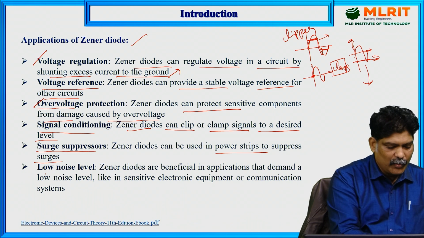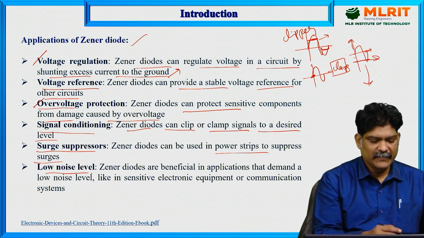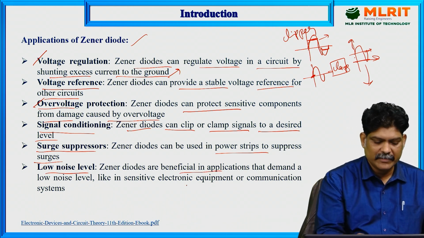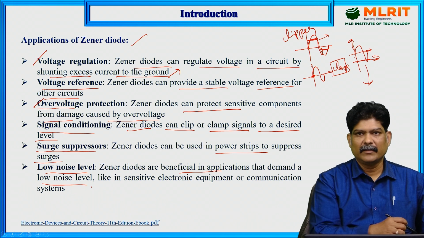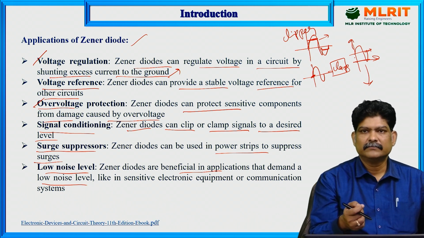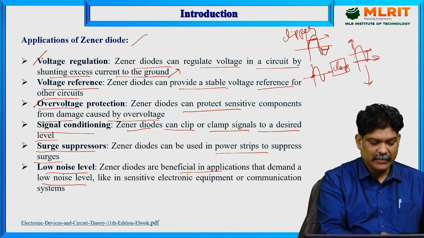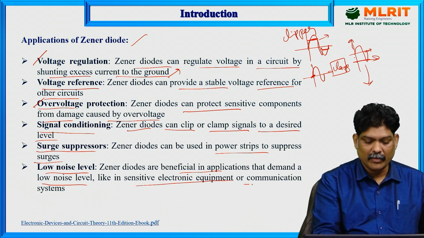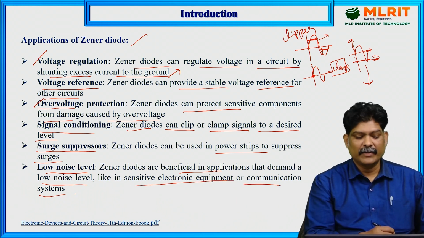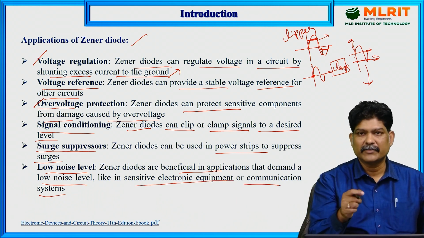And then low noise levels. Zener diodes are beneficial in applications that demand a low noise level, because a Zener diode generates very little noise compared to other components, as in sensitive electronic equipment or communication systems. In communication systems, noise plays a major role.